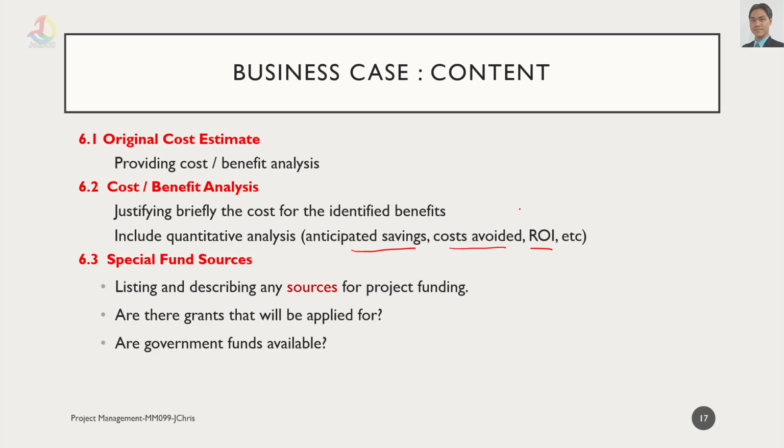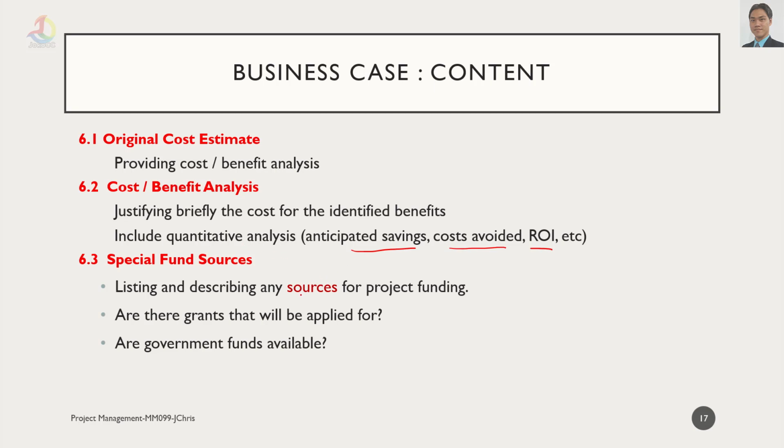And we can list special fund sources if our project has, let's say, a big donor or maybe a third-party organization that wants to join in and can become a stakeholder that also gives us funds for the project.